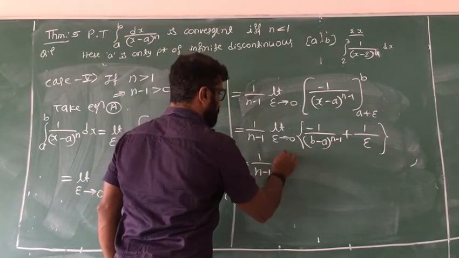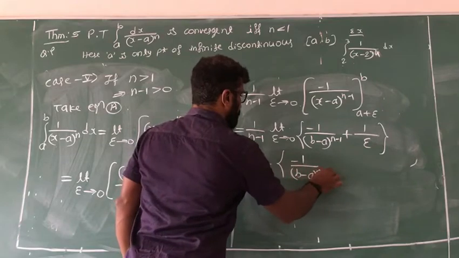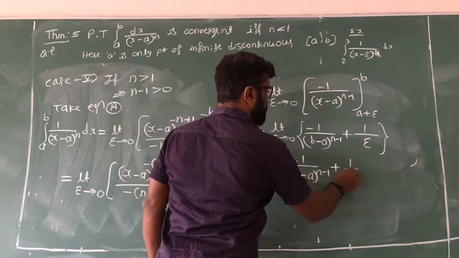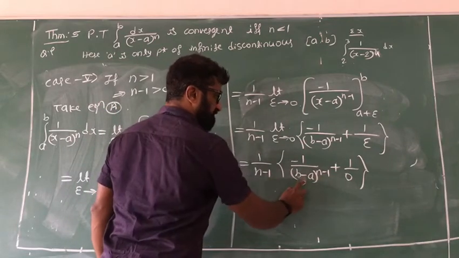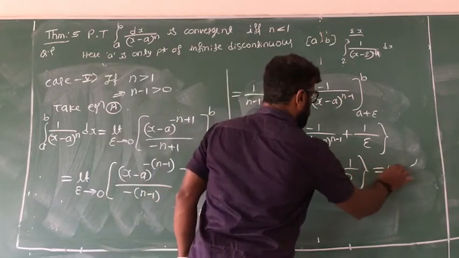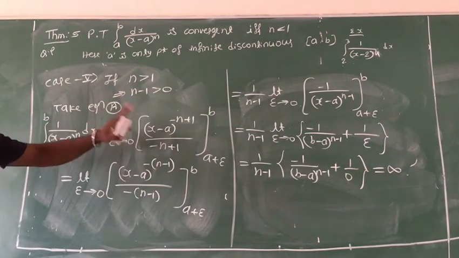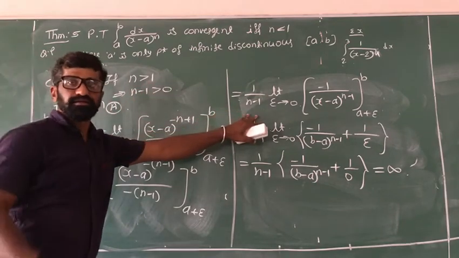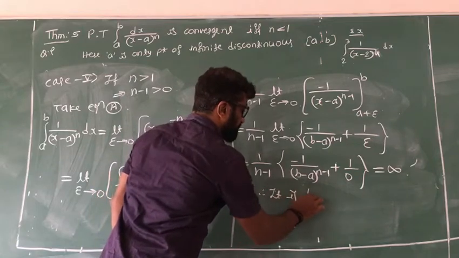As epsilon tends to 0, minus 1 divided by b minus a raised to n minus 1 plus 1 divided by 0. So 1 divided by 0 is infinity. This is infinity and this is a finite number. So finite plus infinity is infinity. So when n is greater than 1, the given integral is divergent. Therefore, it is divergent.